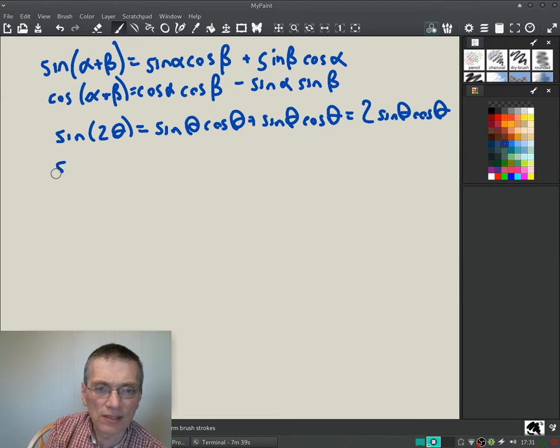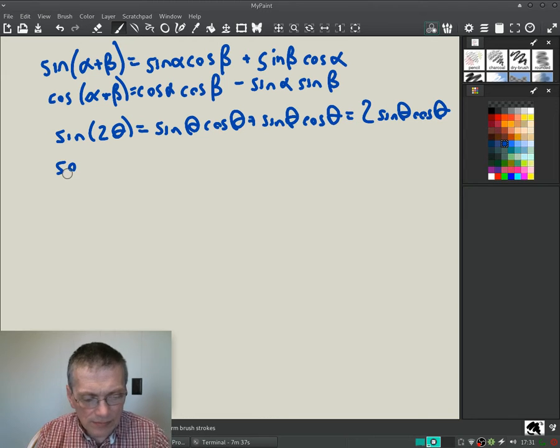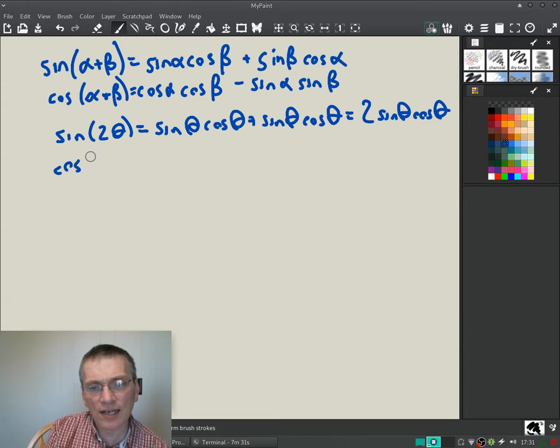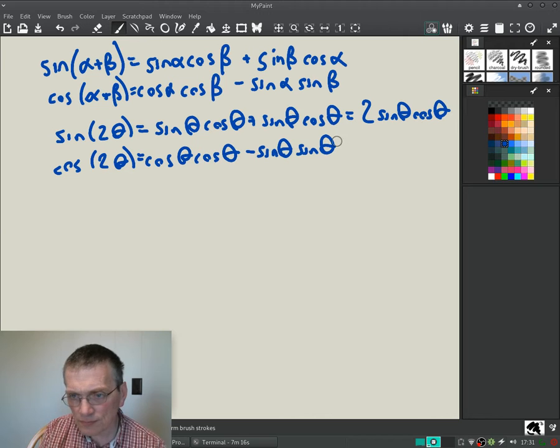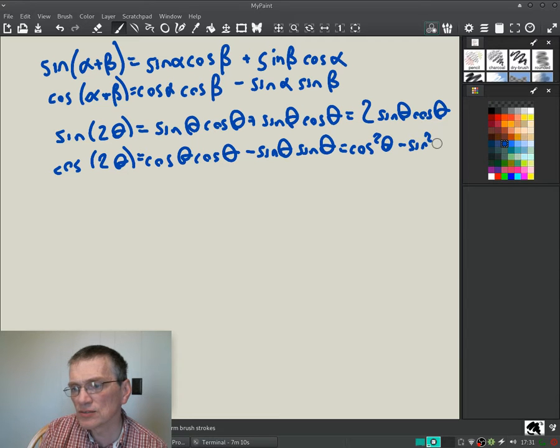The other one, which does not begin with an S, cosine of 2 theta is cosine of theta cosine theta minus sine of theta sine of theta, or cosine squared theta minus sine squared theta.